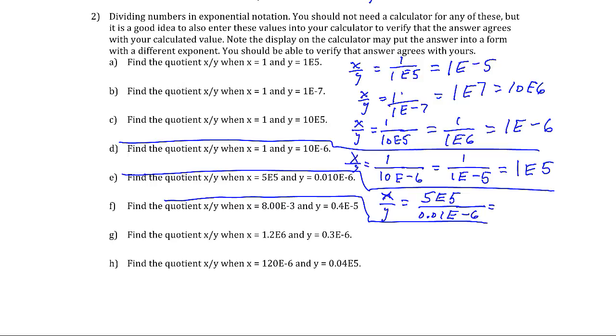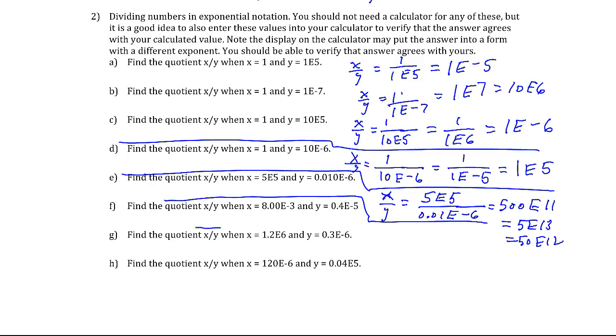Okay, 0.01 in the denominator is like multiplying by 100 in the numerator, so I'm going to get a 500 from that. And 10 to the minus 6 in the denominator is like 10 to the plus 6 in the numerator, so I get 5 plus 6 is 11. 500e11, or 5e13, or 50e12. Okay? All of those are correct.